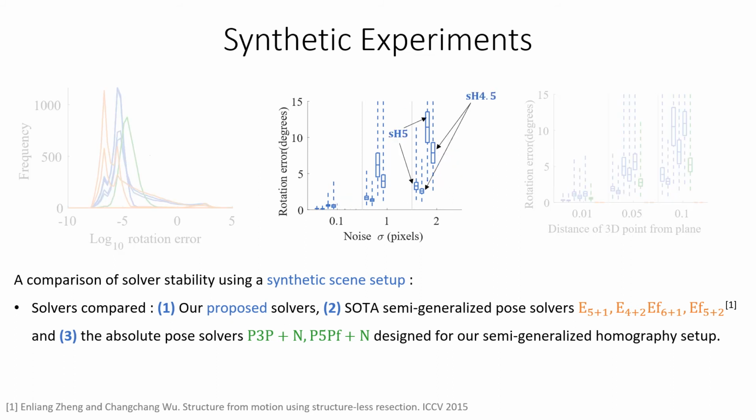We also observed that for the calibrated case, the SH4.5 solvers have better stability in the presence of pixel noise as compared to the SH5 solvers. This is attributed to the fact that SH5 solvers use only 1 out of 5 constraints imposed by the form of the semi-generalized homography matrix, while the SH4.5 solvers use all. Hence, the SH4.5 solvers have better accuracy while decomposing in terms of the semi-generalized relative pose.